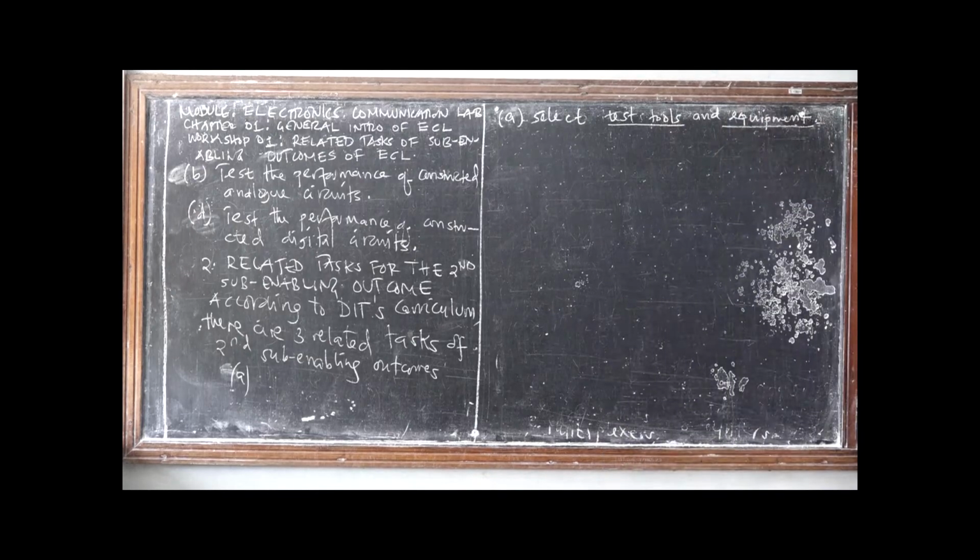The guiding information that will help you to select is just the type of electrical parameter that you want to measure. If you want to measure capacitance, then you have to select a capacitance meter. If you want to measure frequency, you have to select a frequency meter. If you want to see the waveform, then you have to select your oscilloscope. Okay? So you should know what you are going to measure.